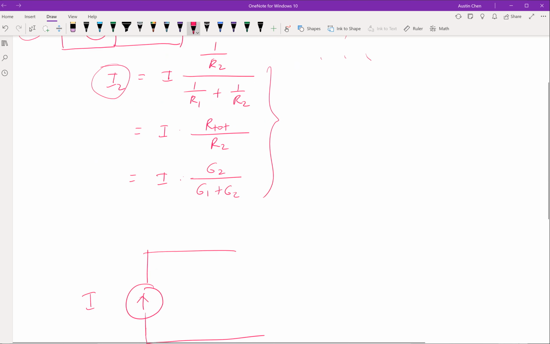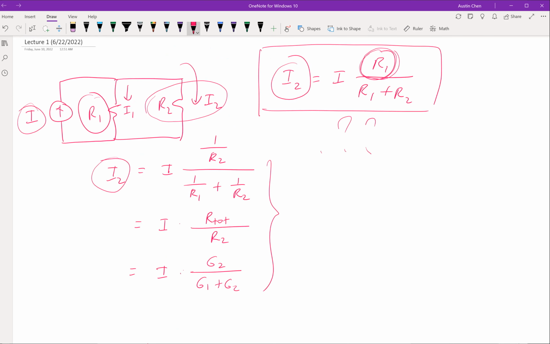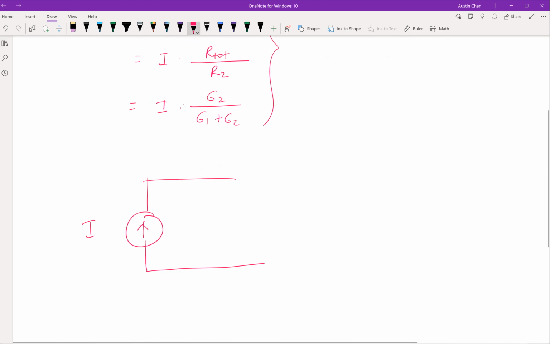Again, this technique only works if you're dealing with two resistive branches, R1 and R2. It does not work if you have multiple branches, so you cannot apply this blindly. This is only good if you're dealing with two resistive branches, R1 and R2.